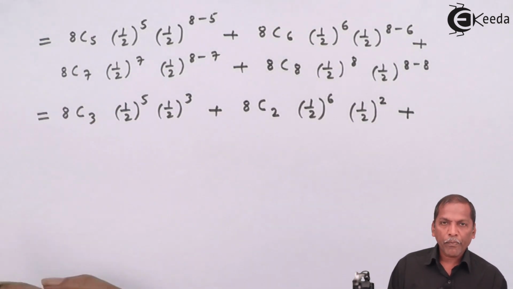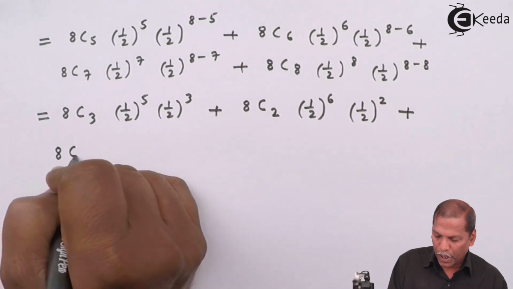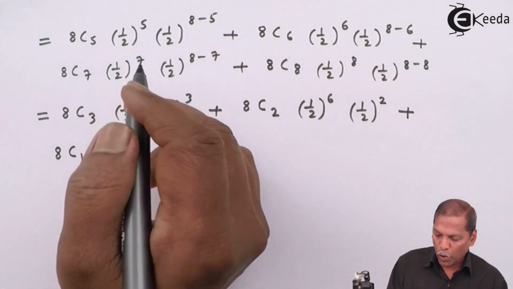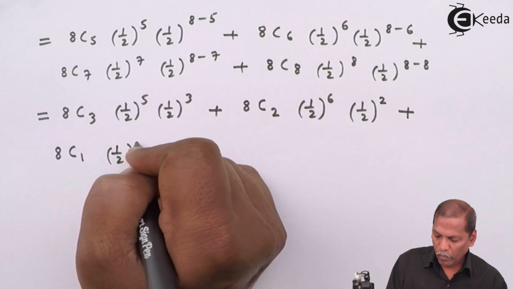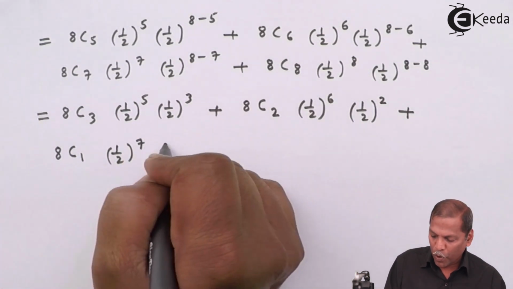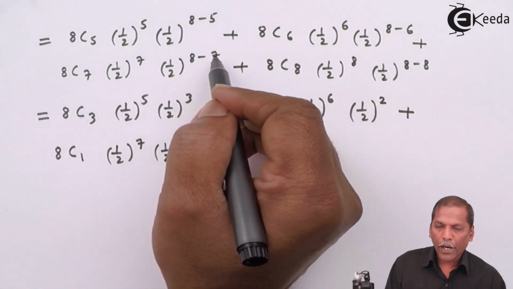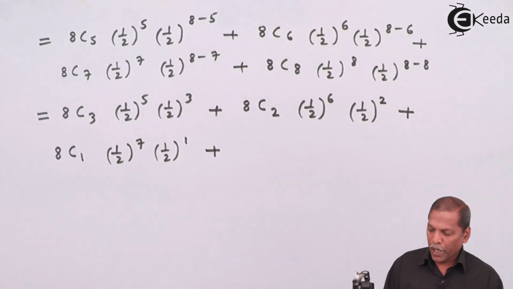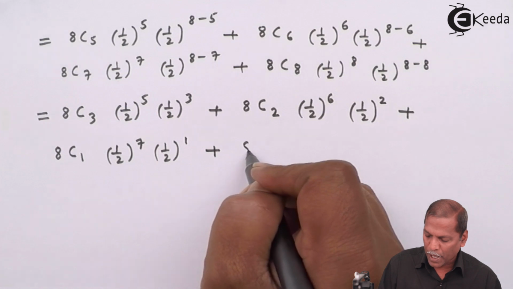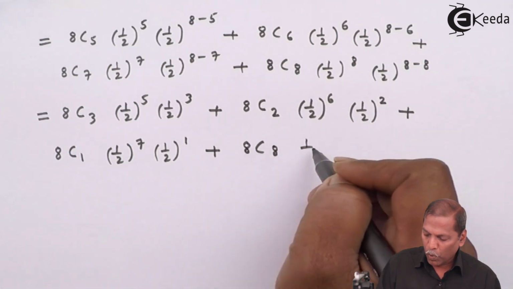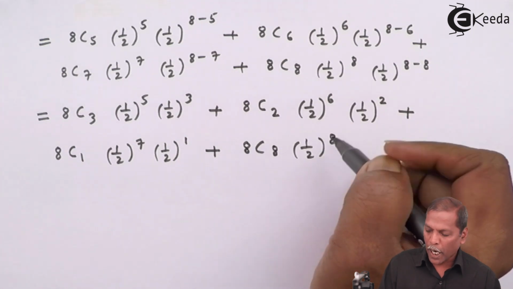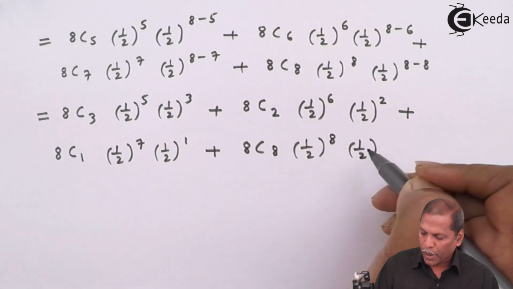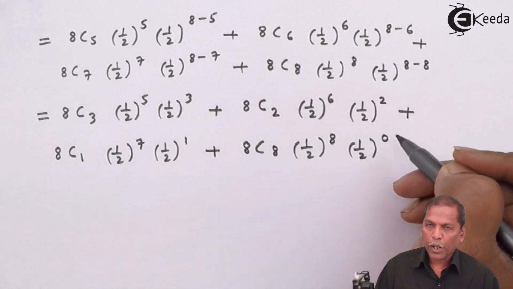Now 8C7 can be written as 8C(8-7), that gives 1, into (1/2)^7 into (1/2)^(8-7), that is 1, plus finally 8C8 we write as it is, into (1/2)^8, that part also as it is, into (1/2)^(8-8) gives 0.